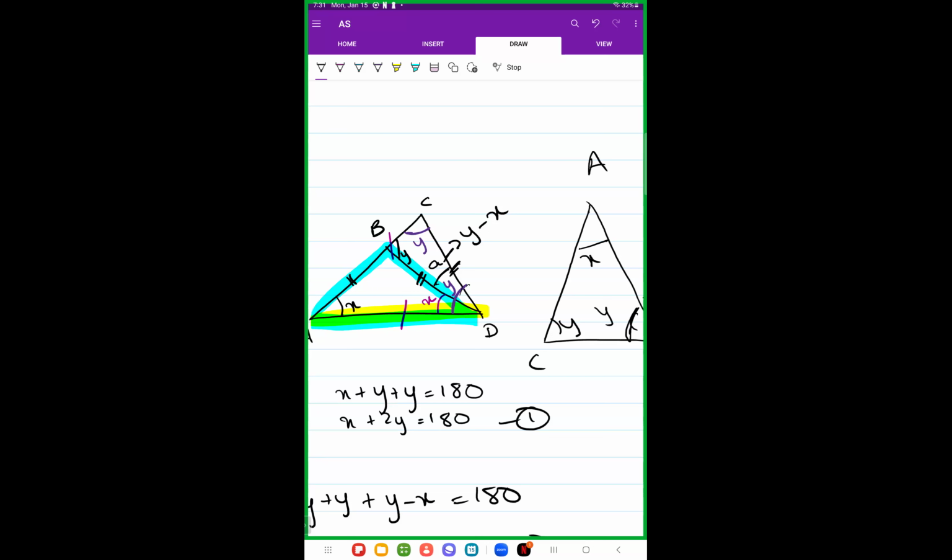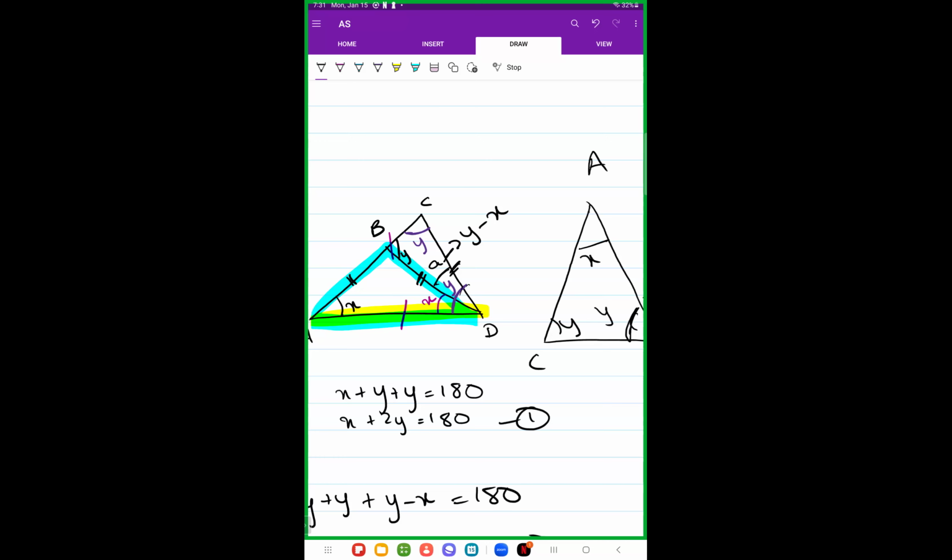Also, when we want to remove A, why are we taking x plus A equals y? Because x is not part of that triangle BCD. So why are we taking x into the equation?